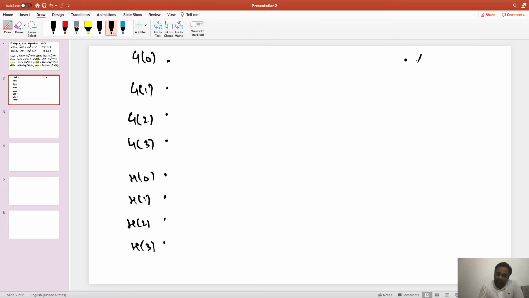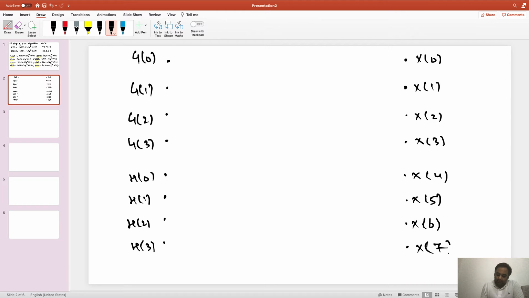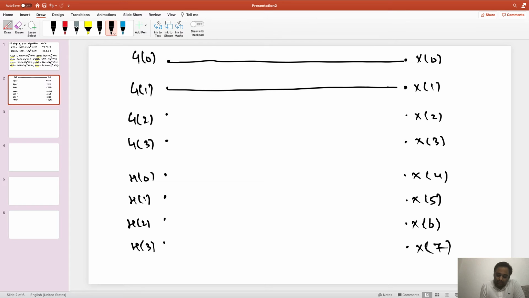On this side we have X0, X1, X2, X3, capital X4, capital X5, capital X6, and capital X7. So let's just draw these lines to begin with.